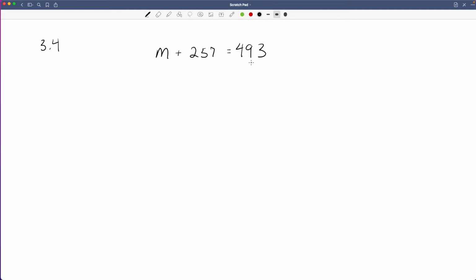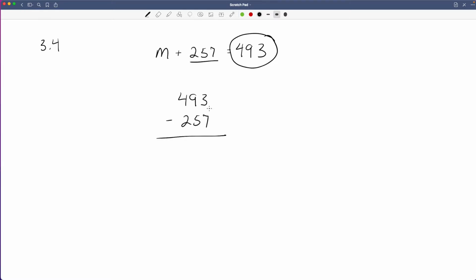In order to find this, we're going to take the sum and turn it into our minuend, 493. We're going to take the addend that we know and turn it into our subtrahend, which is the number we're subtracting. And then our unknown number will become our difference, and we'll turn that difference back into an addend.